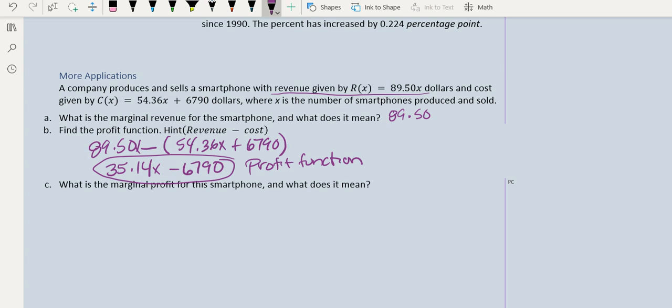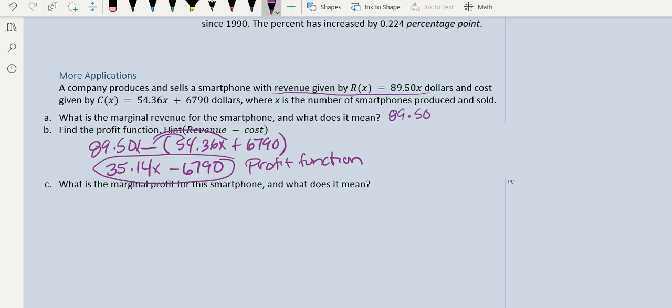Now, I guess you're asking me, why is this a minus? If you distribute that minus sign, it should become a negative 67.90. So it says, what is the marginal profit for this smartphone and what does it mean?